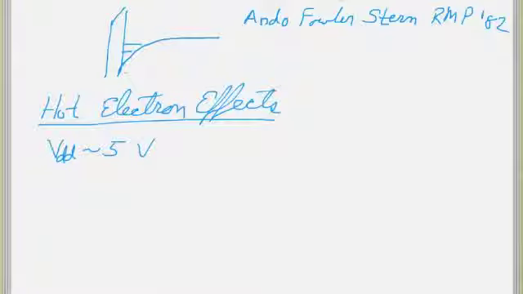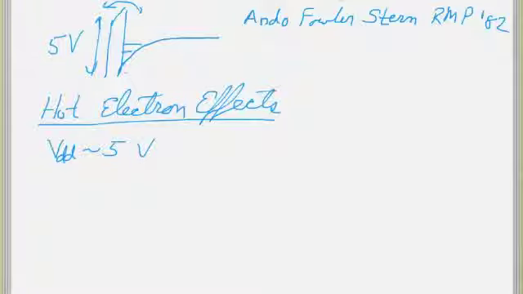And this oxide barrier is about 5 volts. So the voltage was high enough that as you went from source to drain, it was possible to kick highly energetic electrons into the SiO2. And when that happened, you would get unwanted charging effects in the SiO2, which would shift your threshold voltage, and that's not a good thing.